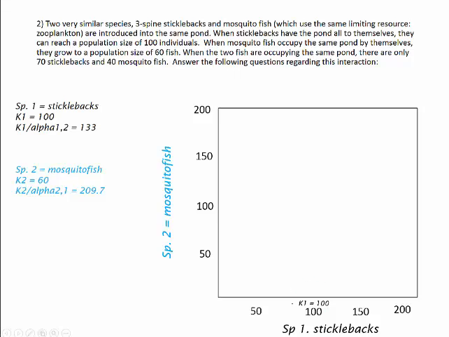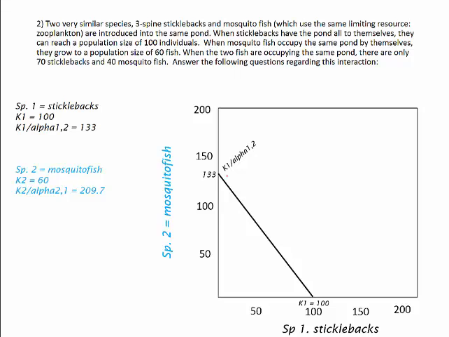So that's this point down here on our x-axis. And the other thing that we need to graph is, of course, K1 divided by alpha 1-2, and that's going to be 133, and that goes on the y-axis. And that's going to come out to be right about here. And so we just need to connect those points with our line, and that's our Zinji for species 1.